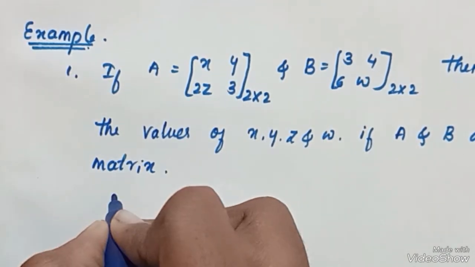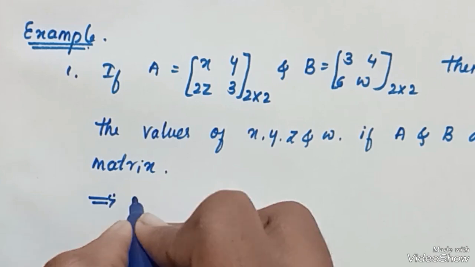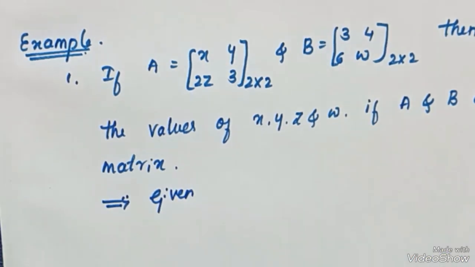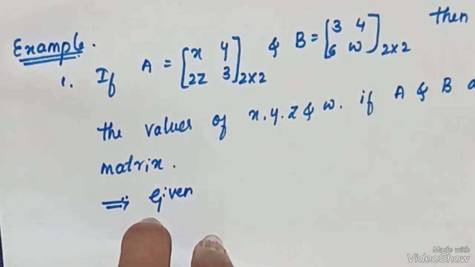They have given that A and B are two equal matrices.